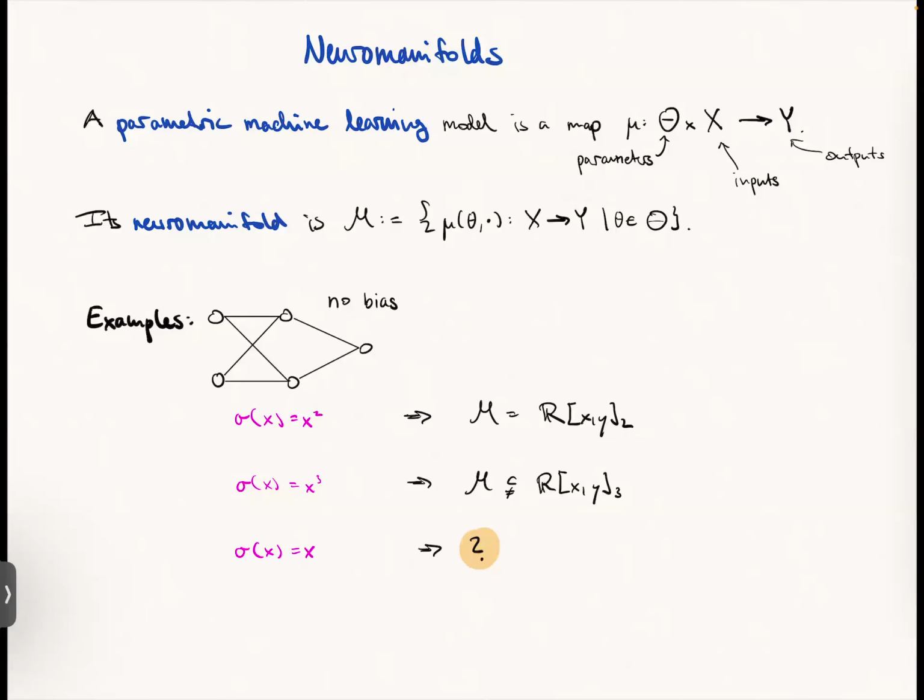If there are no questions about this, here's a more general definition. For me, I like to call this set of functions a neuromanifold, because this is inspired by Amari, who called them that. You could define this for any parametric machine learning model, which is, for me, just a map that eats parameters and inputs and then produces an output.